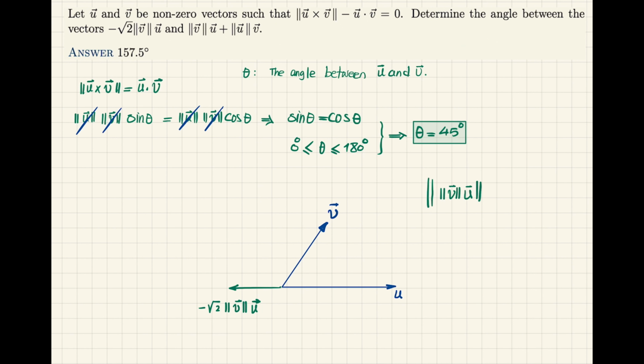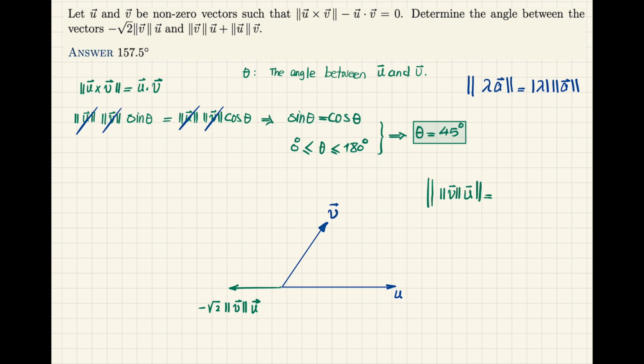But you know the length, so let me write the formula here for you. If I have a number lambda multiplied by vector a, and I want to find the length of this vector, I need to find the absolute value of my number multiplied by the norm of my vector, yes? So here this is playing the role of this lambda.